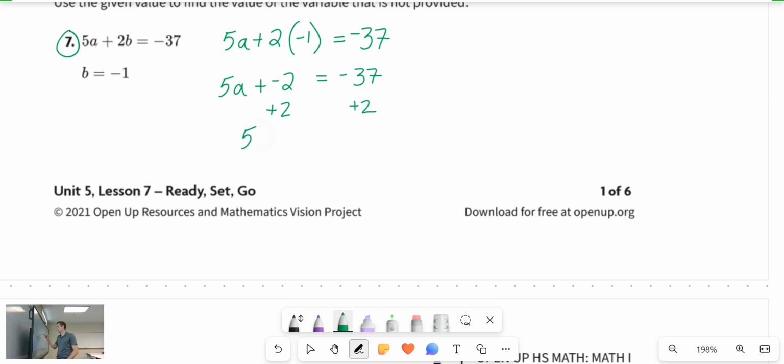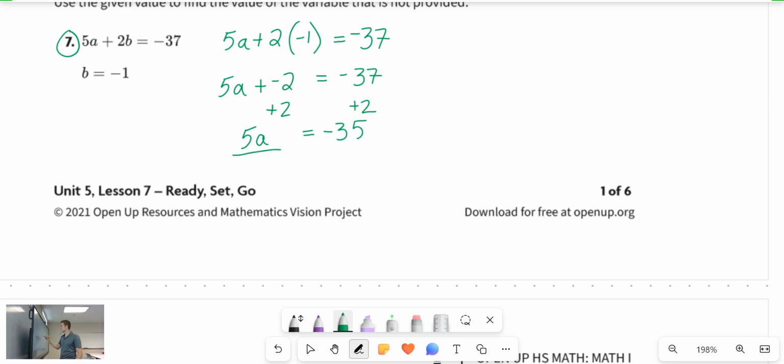We get 5a equals negative 37 plus 2, which is negative 35. I wrote 37 again, though. That's a mistake. There we go. It is negative 35.